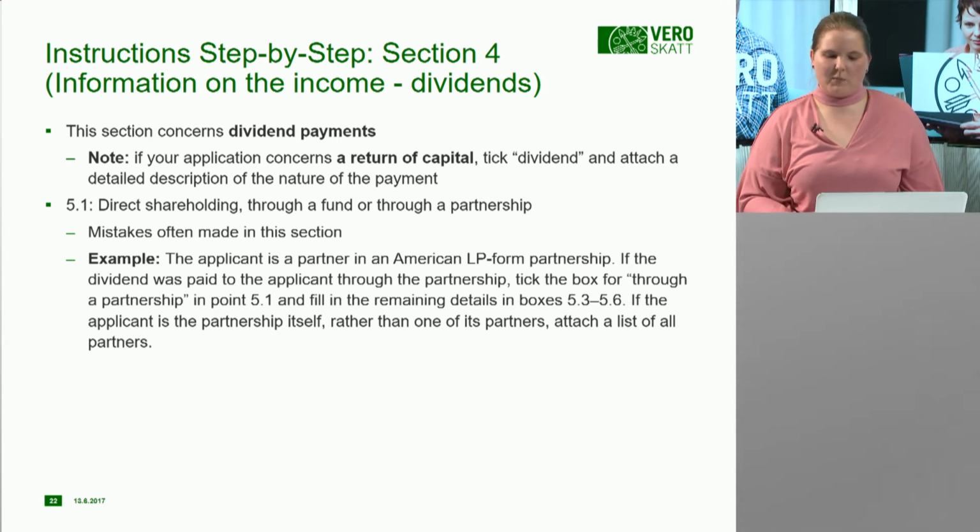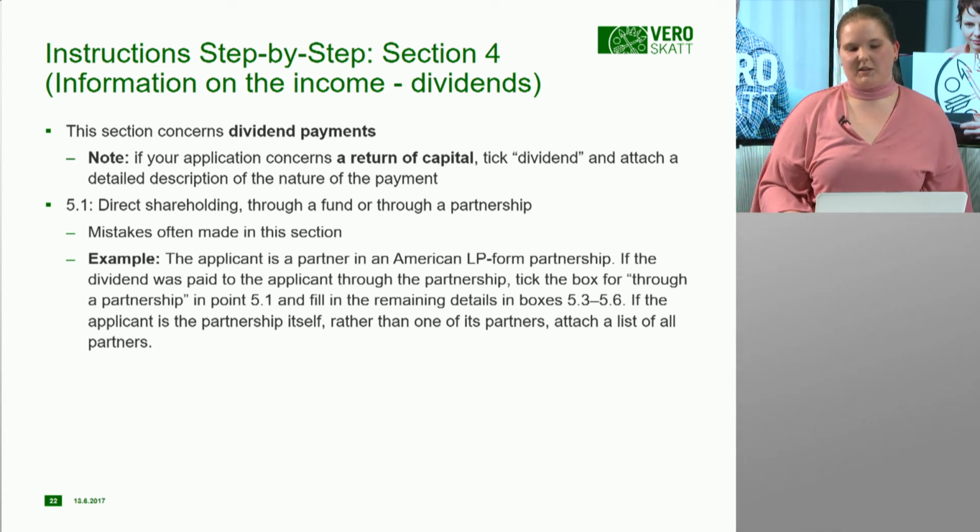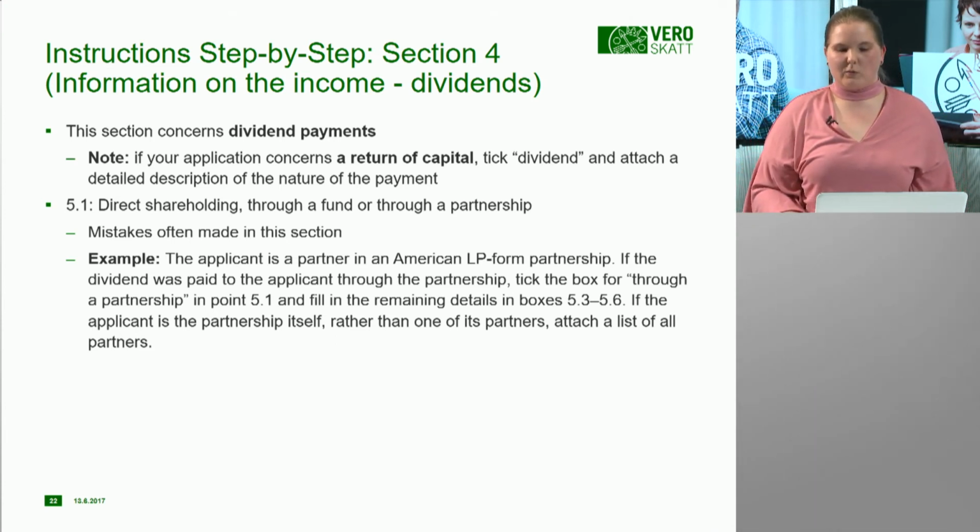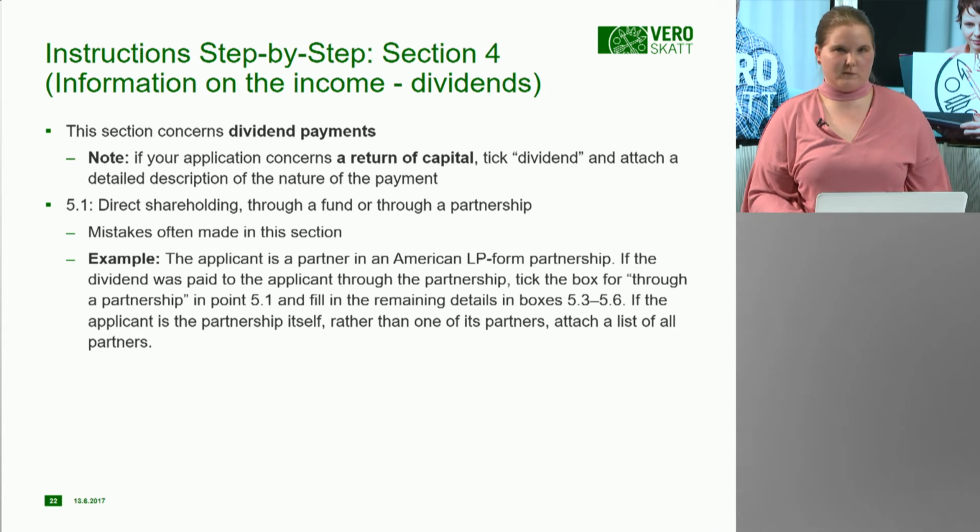For example, if we have an American LP form partnership and the dividend was paid to the applicant through the partnership, then tick the box through a partnership and fill in the details on the partnership in boxes 5.3 to 5.6. If instead the applicant is the partnership itself, then of course you would put direct shareholding, and then we would need a list of all the different partners.